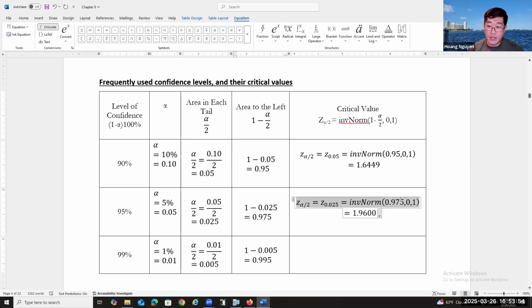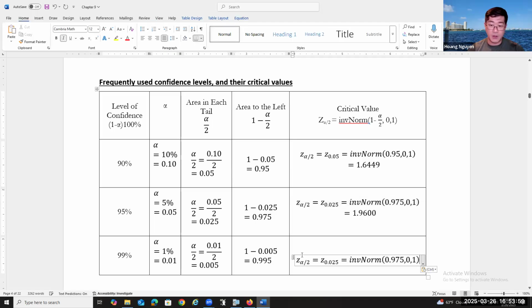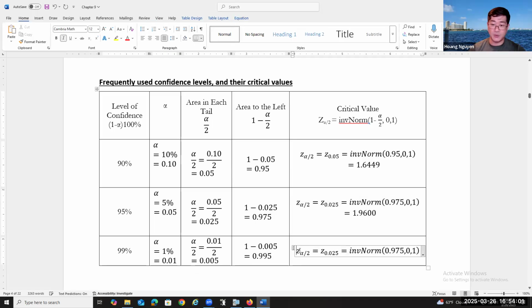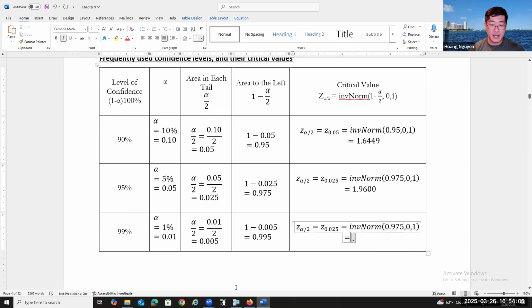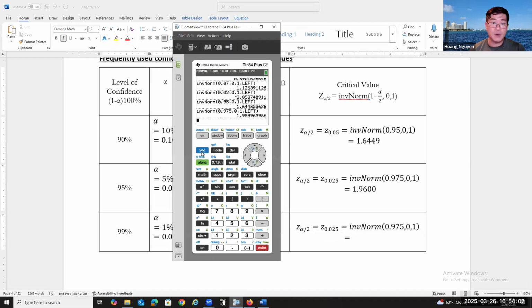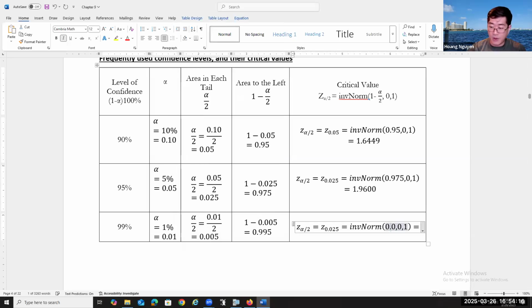And then we are ready to plug into this calculation, the inverse norm, to get the critical value, z sub alpha over 2. Okay. Equal, what is it then? So we go second, then inverse norm. And now the area will be, oh, this is 0.995, sorry.